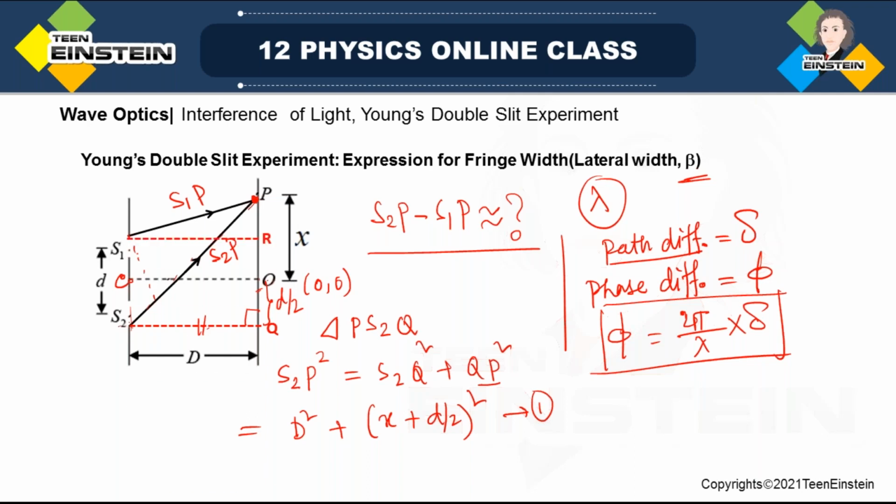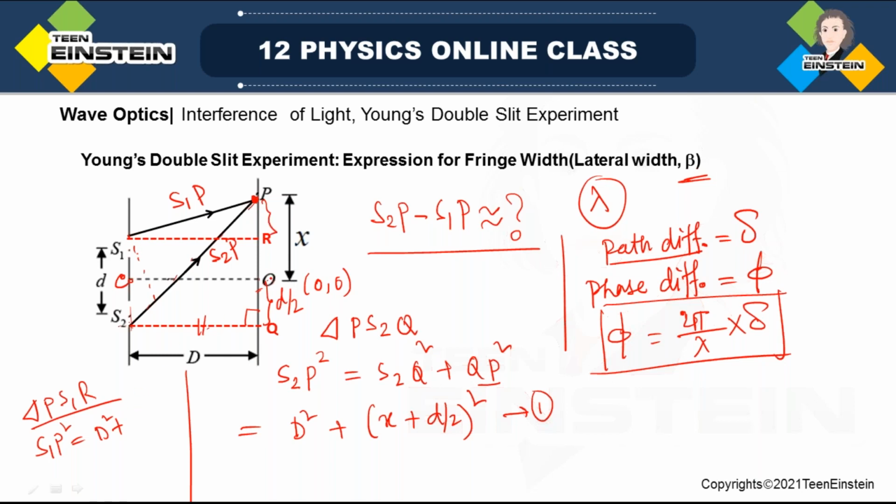Similarly, if I take another triangle PS1R, from there what we can write, S1P square is equal to, see S1P means this one. So this is the perpendicular D square plus this much PR square.